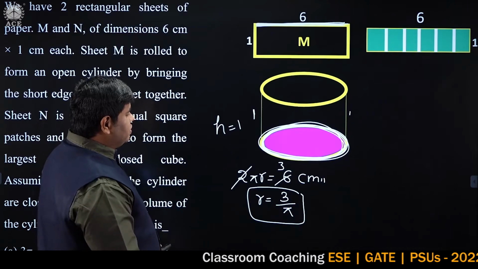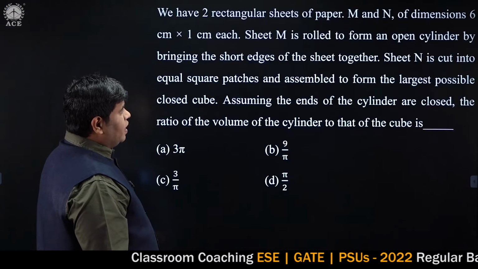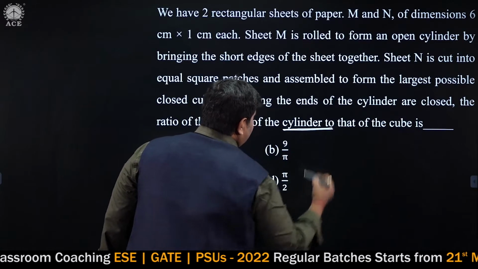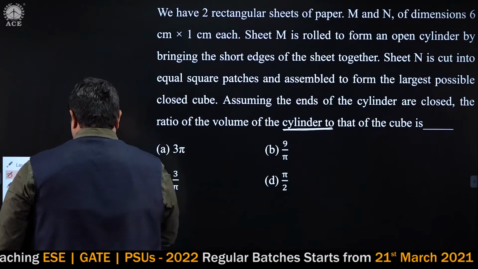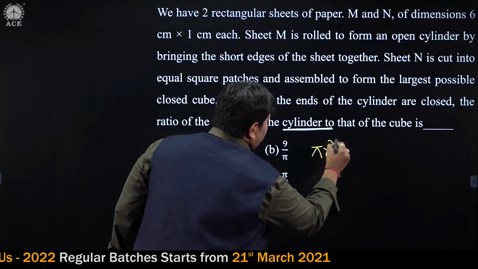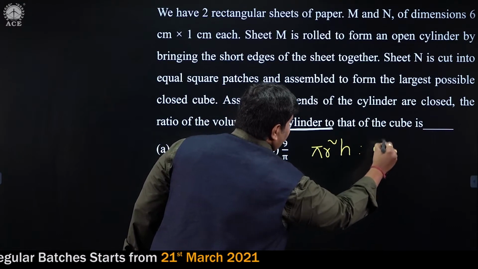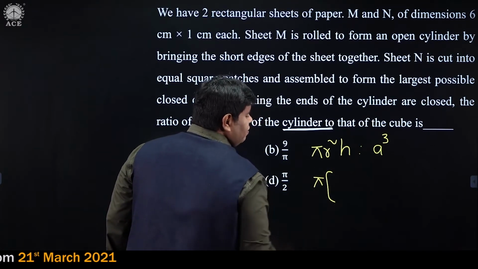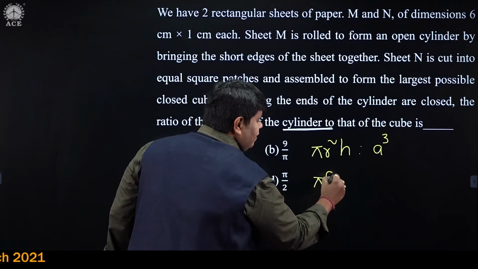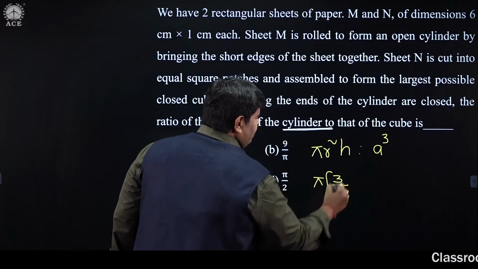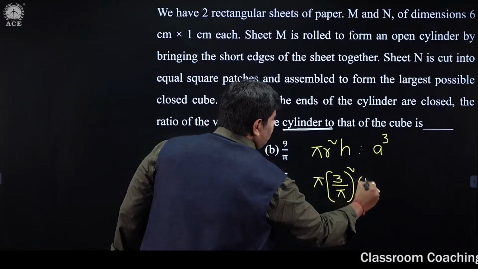Now come back to the question. Here, cylinder, pi r square h. Here a cube. What is the r value? Just now we got the answer, 3 by pi, squared. Height value 1.